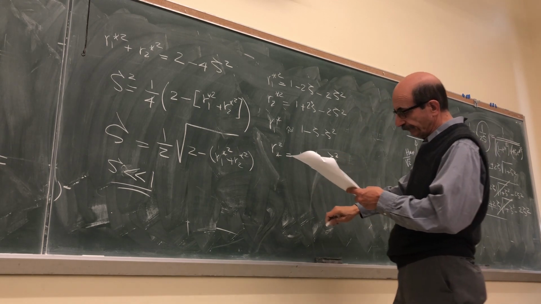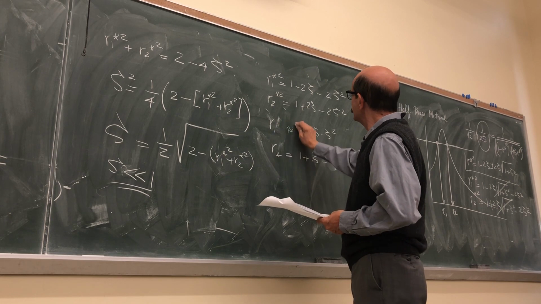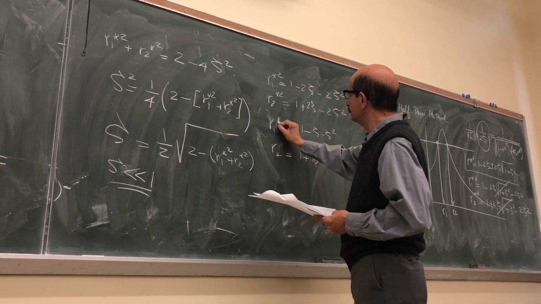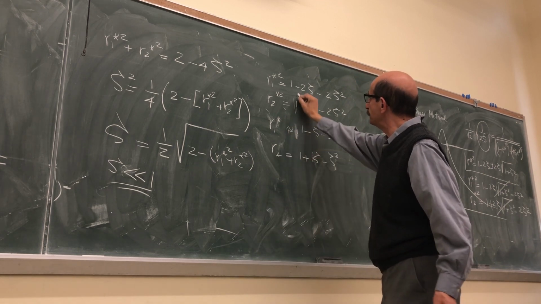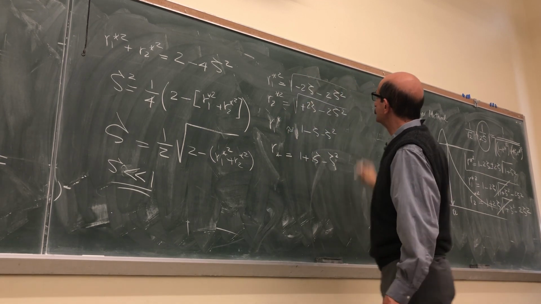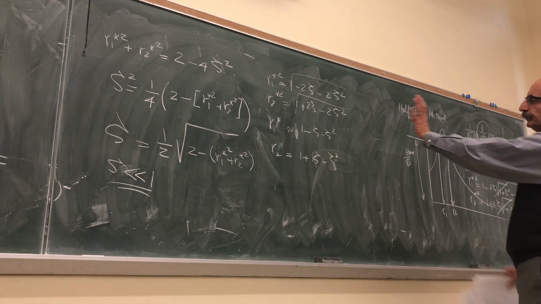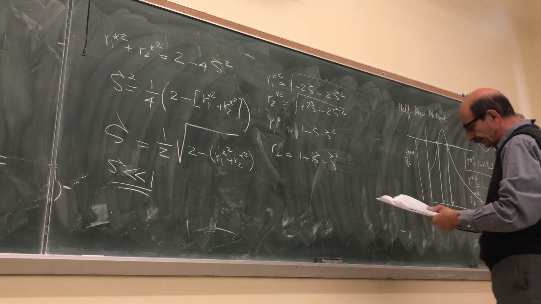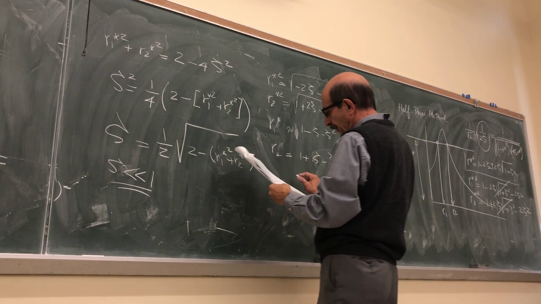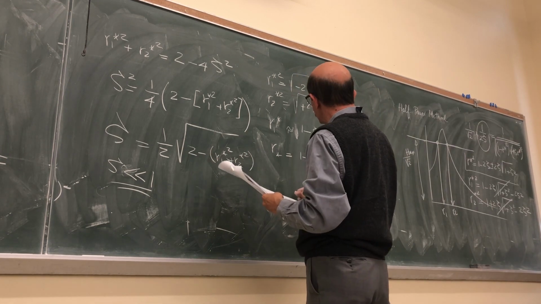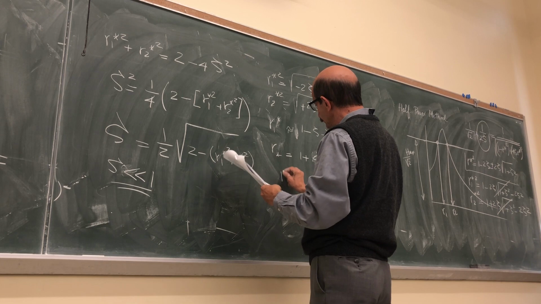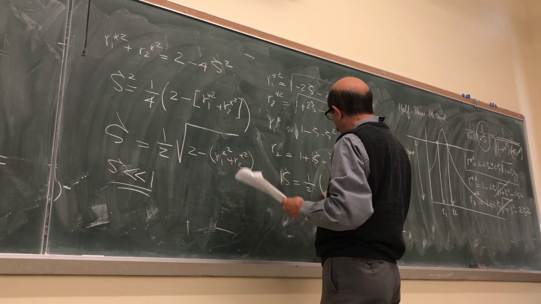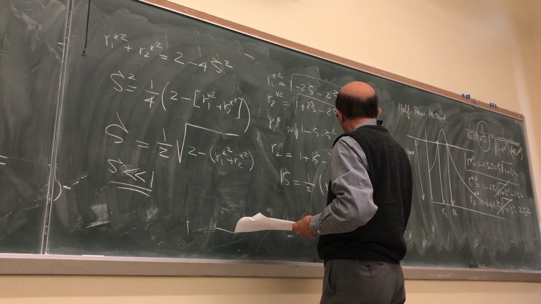In other words, if I find R1 and R2, which would be the square roots of these, and you approximate that square root, you end up with something like this. So if now you add these two, you see that zeta becomes 1/2 of R2 minus R1.